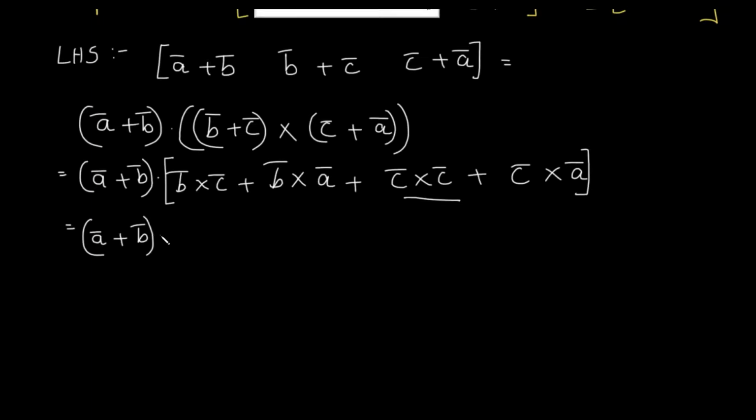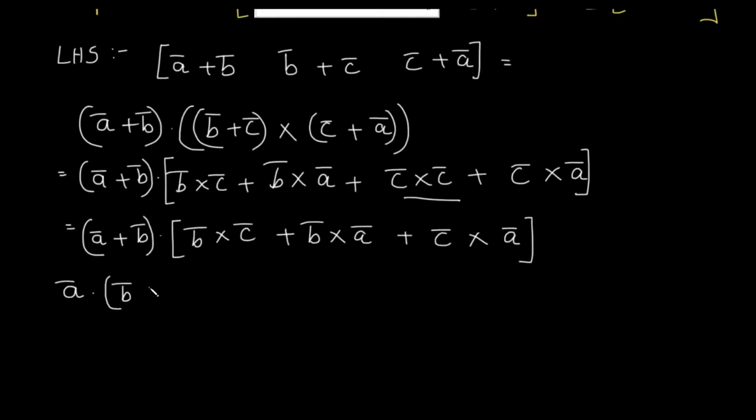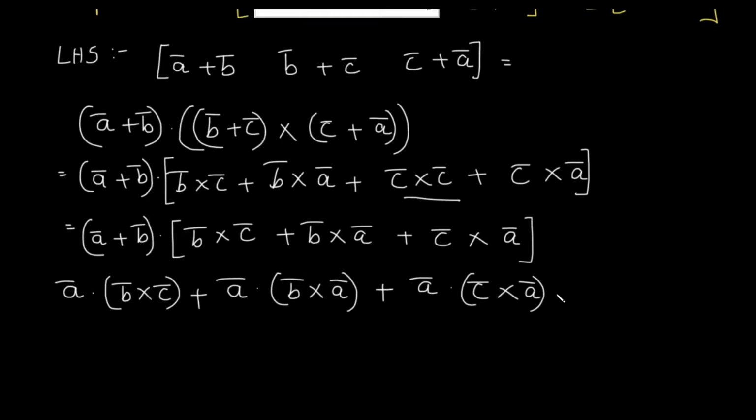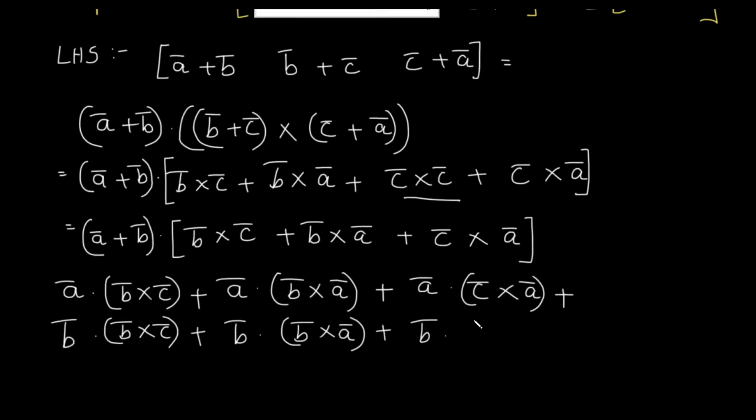And therefore we get A plus B dot B cross C plus B cross A plus C cross A. Then in the next step, we expand both the brackets over here by writing A dot B cross C plus again A dot B cross A plus A dot C cross A. Again plus the same thing B dot B cross C plus B dot B cross A plus B dot C cross A.